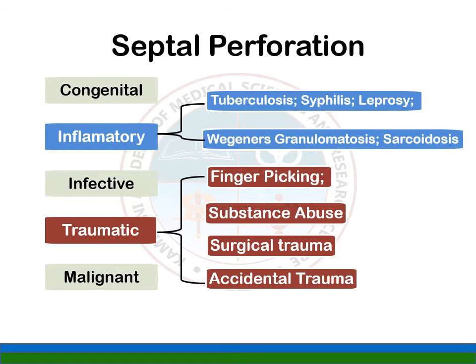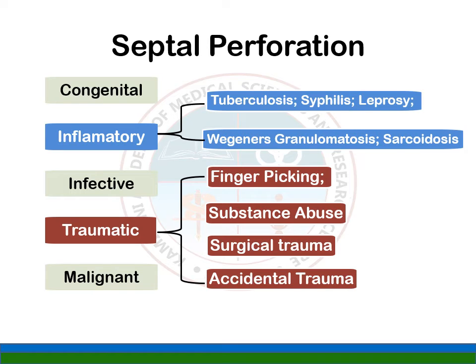Next comes the perforation. Septal perforations are either because of congenital causes, inflammatory causes, infective causes, traumatic or malignant, of which inflammatory and traumatic causes are the most common, and that is why we will be dealing with those cases.